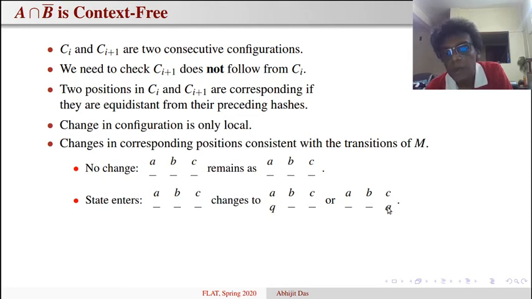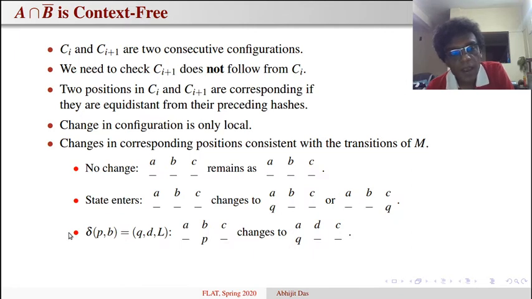Likewise, it may enter here, Q, because something happens immediately after C, and there is a left movement of the head, so this comes here. And if we have delta of P, B equal to Q, D, L, okay. So here I am assuming it's a deterministic Turing machine. If not, there will be multiple possibilities for this. So we can handle all the things one by one.